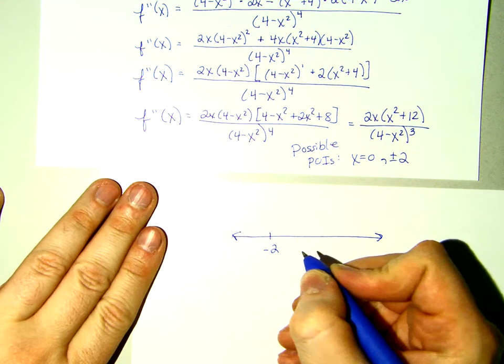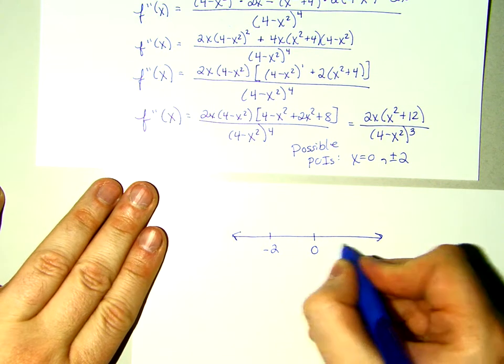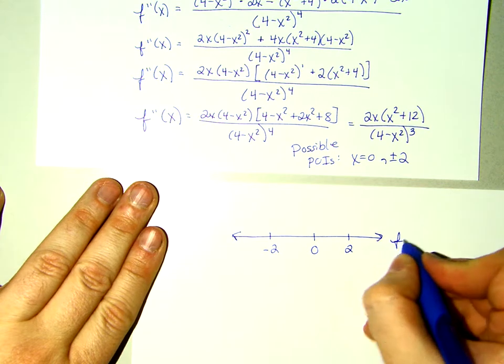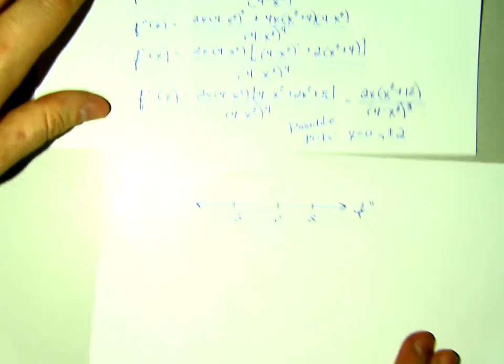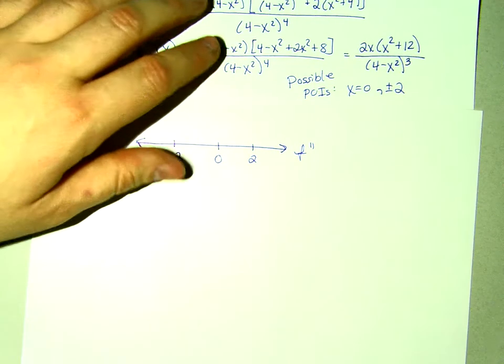Okay, how about you do your number line? Then test your regions. You have your second derivative.